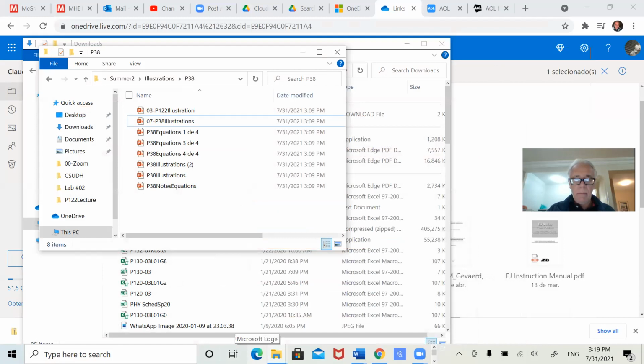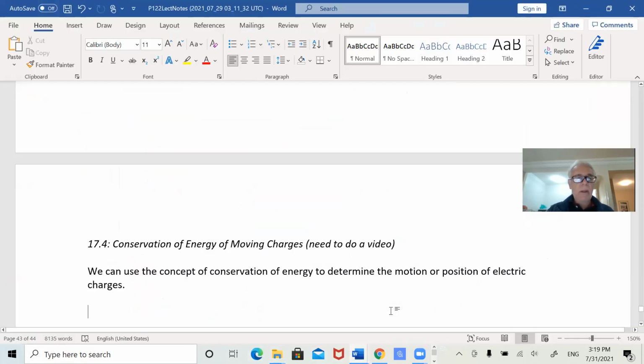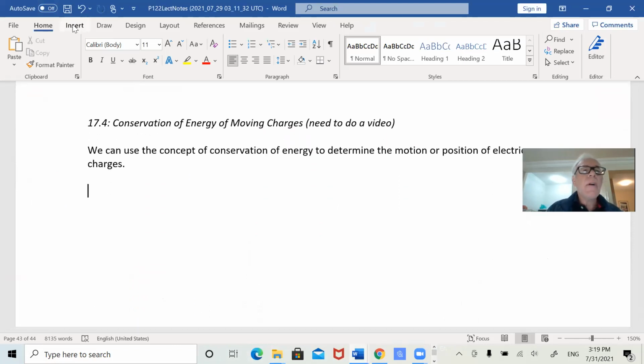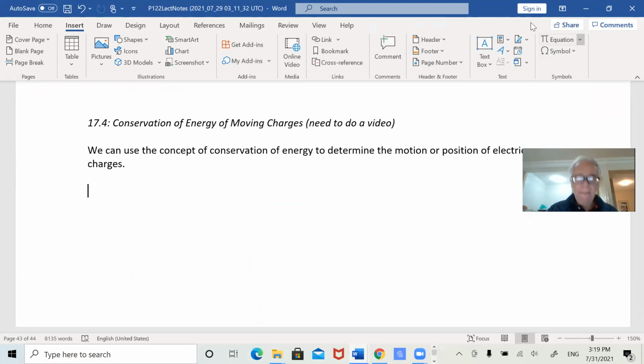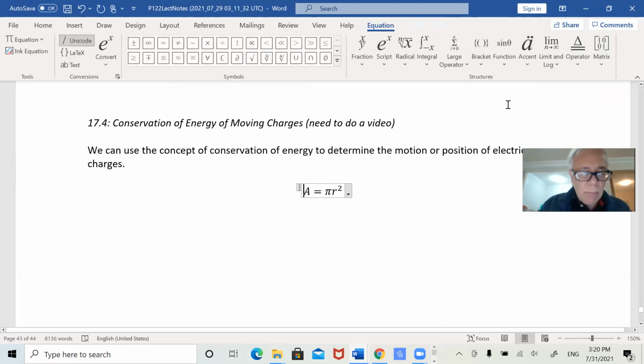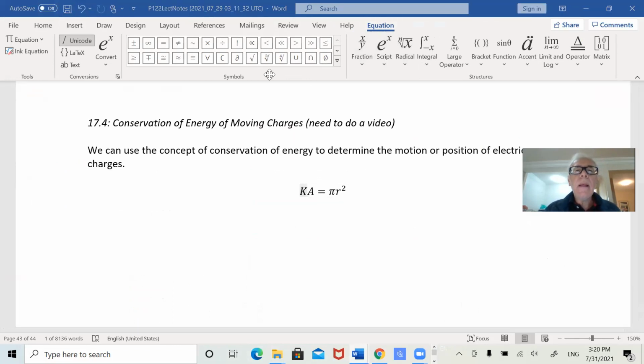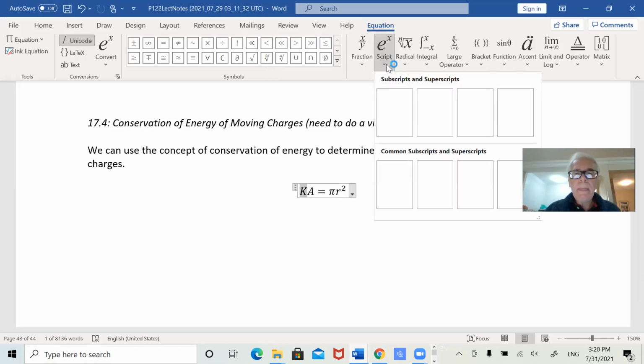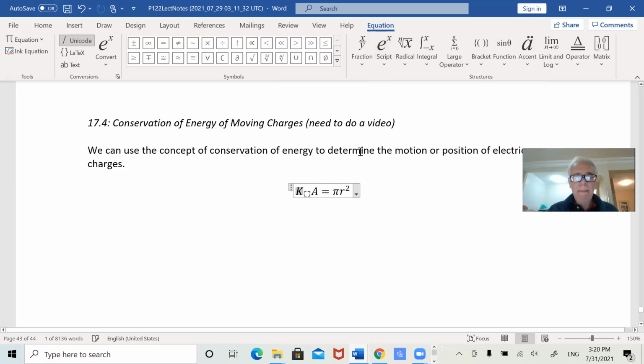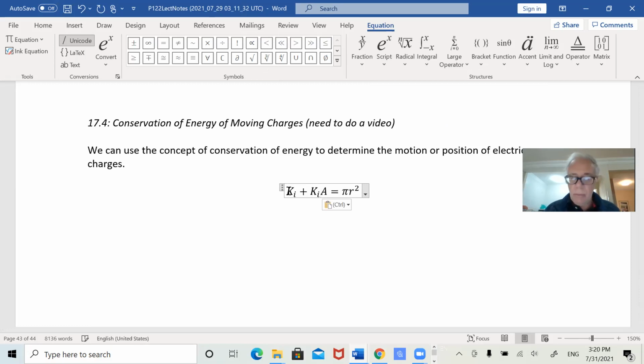Okay, so let's go here. According to the book, initial kinetic energy plus initial potential energy must be equal to final kinetic energy plus final potential energy, like that.